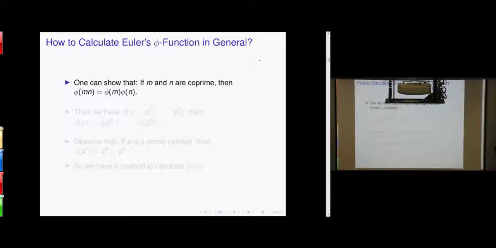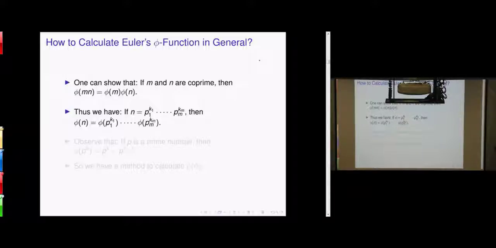So if m and n are co-prime, then phi of the product is the product of phi. Right? Phi of mn is phi m times phi n. Suppose we take this fact for granted, then we'll have this. If you ask me to calculate phi of n, the first step is I will factorize n into this form.